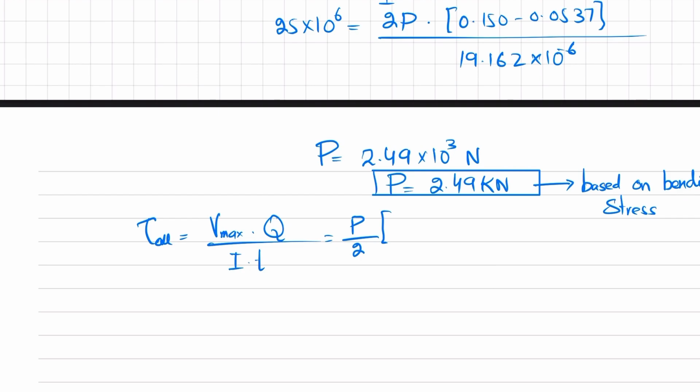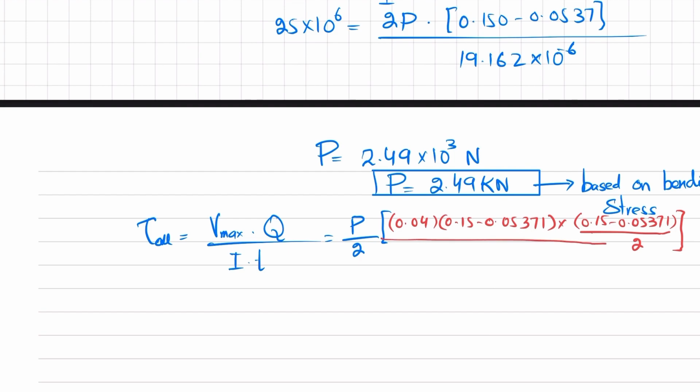I will write it. Area is 0.04 into height, 0.15 minus 0.05371. This is the area, and Y dash is 0.15 minus 0.05371 divided by 2. So this is the value of Q divided by I. I is 19.162 into 10 raised to power minus 6, and thickness is 40 millimeter, which is 0.040.